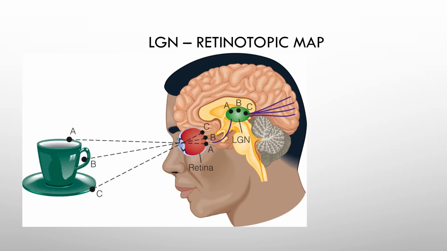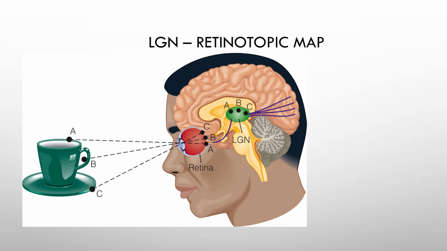So one aspect of the lateral geniculate nucleus's organization is that it has this retinotopic map. So A is closer to B than it is to C, both on the cup and saucer and what we see in the retina, right? Because what's up at A is going to hit down at the A prime, or the lower part of the retina.